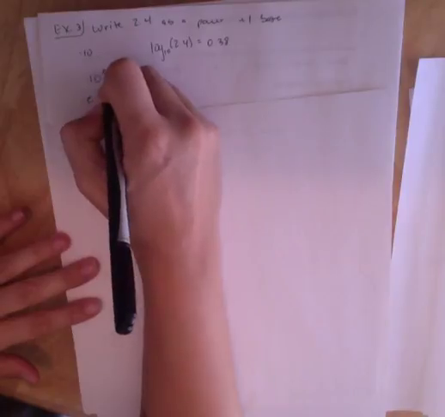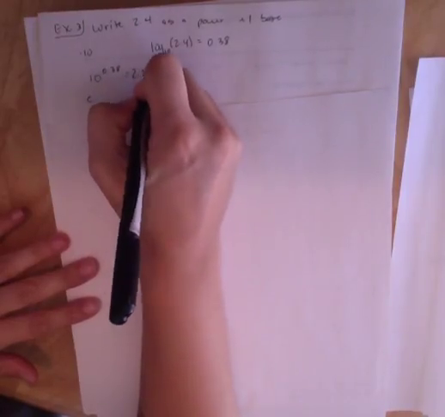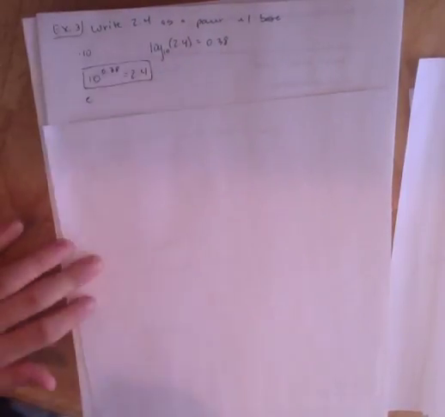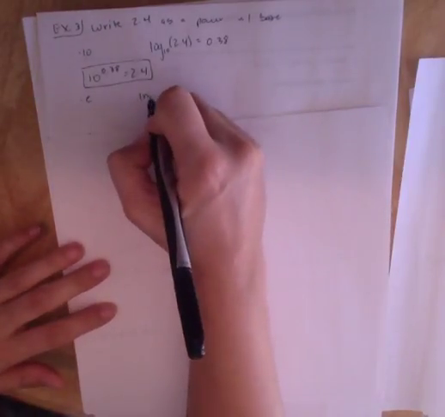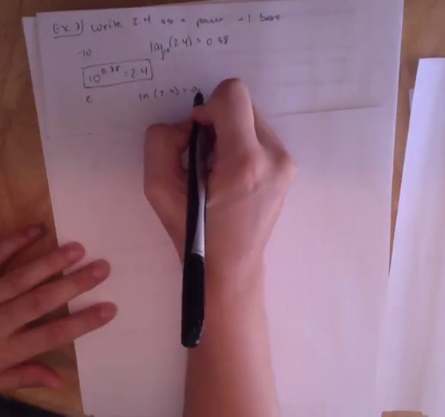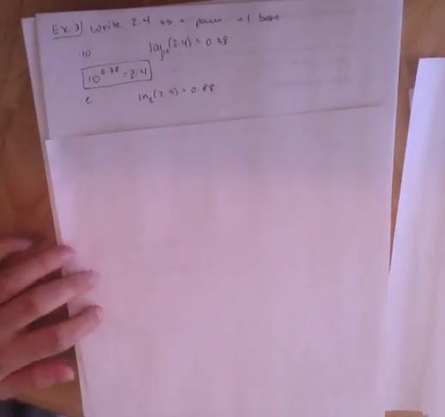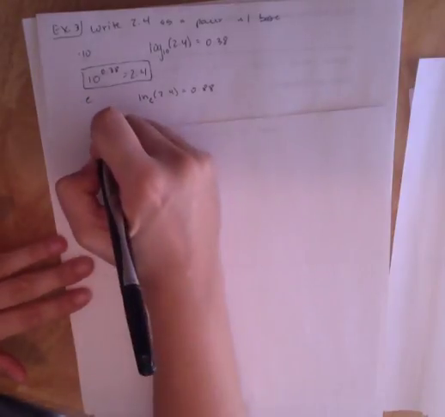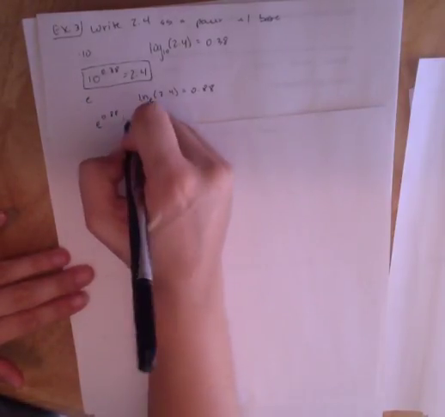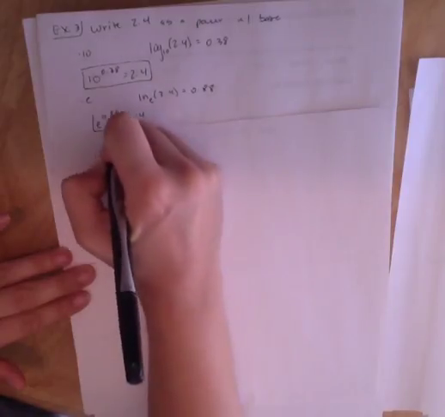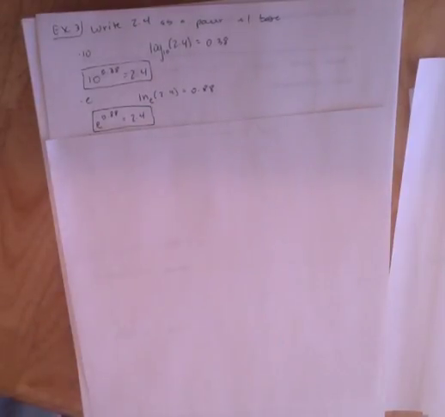So if we were to rewrite this, this would be 10 to the 0.38 equals 2.4. That's what it's asking of us. We did the same thing with the natural log. The natural log of 2.4 gives us 0.88. Really, that has the silent base of e. So we could write this as e to the 0.88 equals 2.4. Now we've written 2.4 as a power with base 10 and a power with base e.